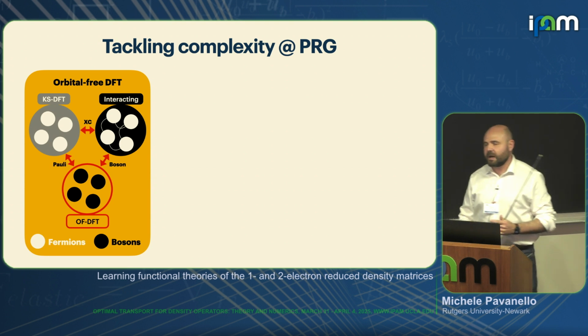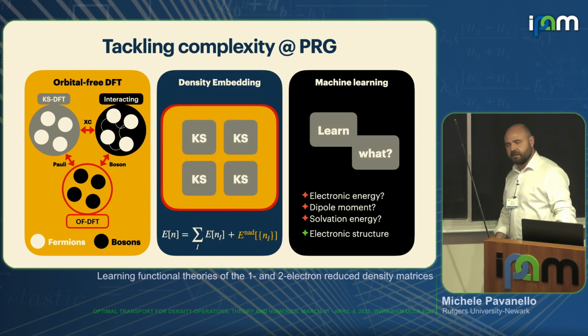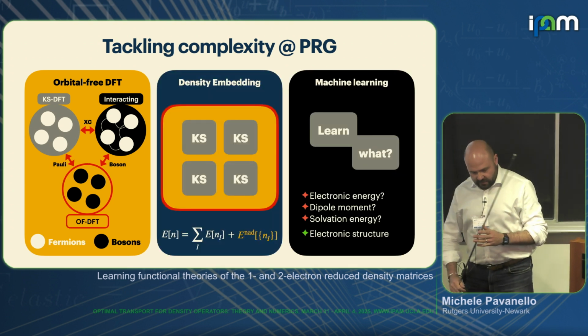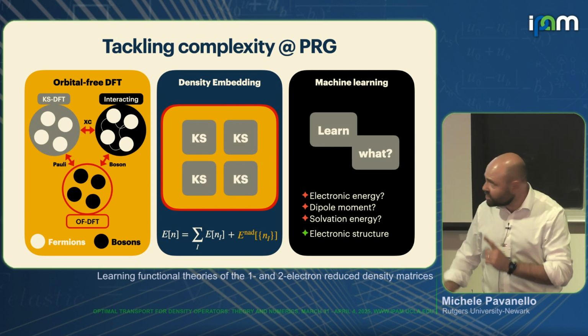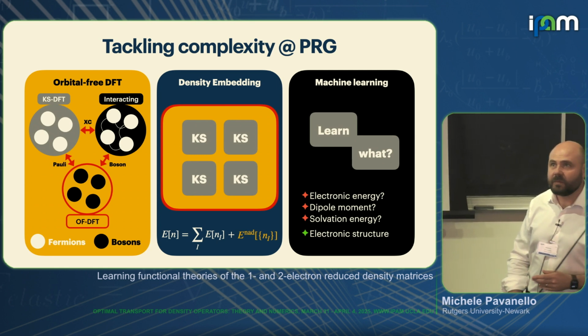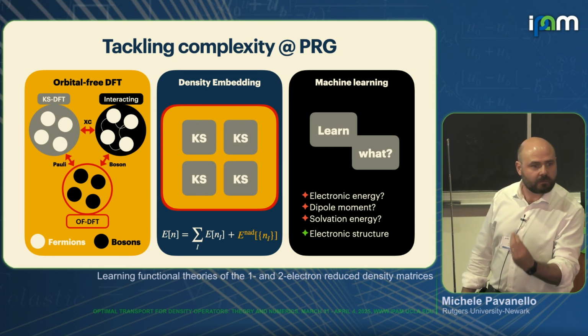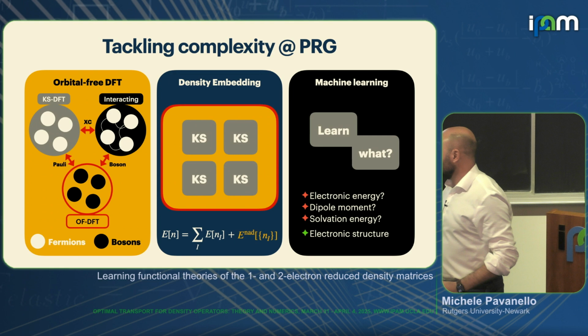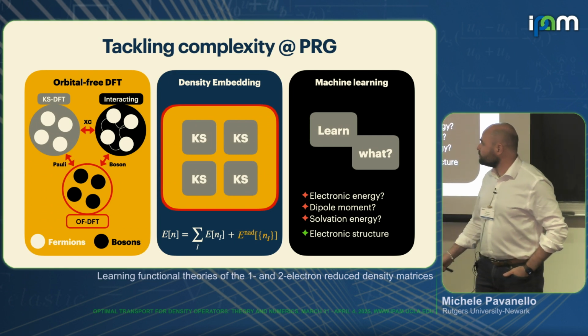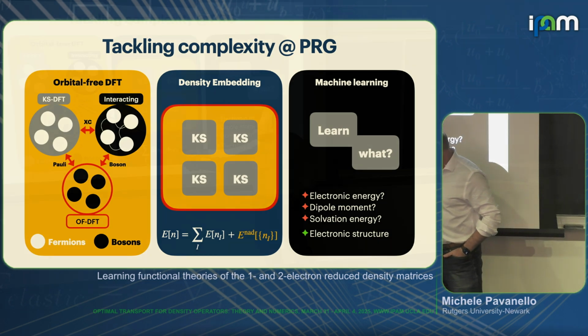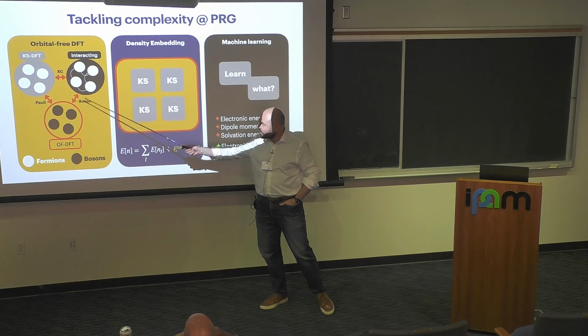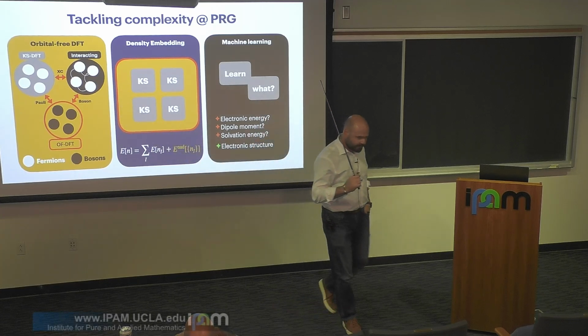In my lab, we tackle electronic structure in 3 ways. And each one of these ways is aimed at making a method that is useful for those system sizes that are currently unreachable. So the first one that we have looked into and that we still develop is orbital-free DFT.